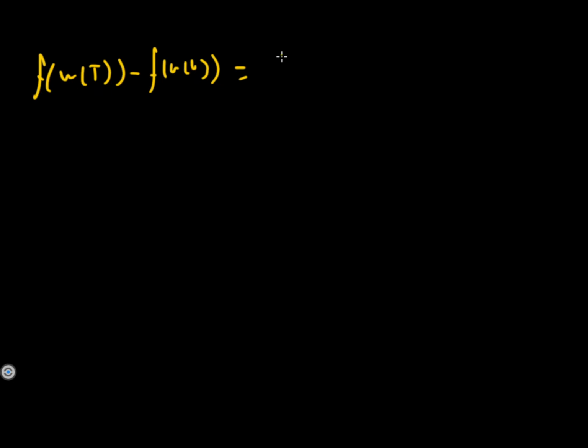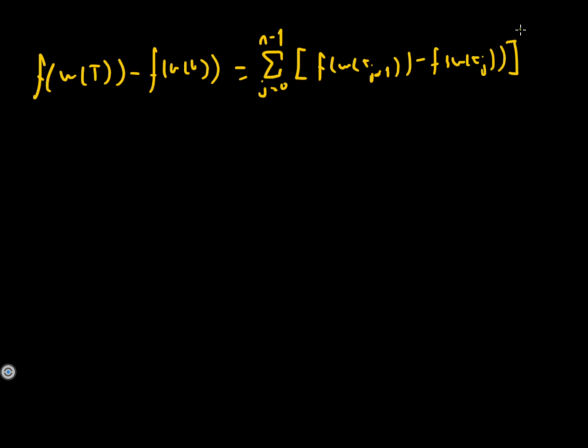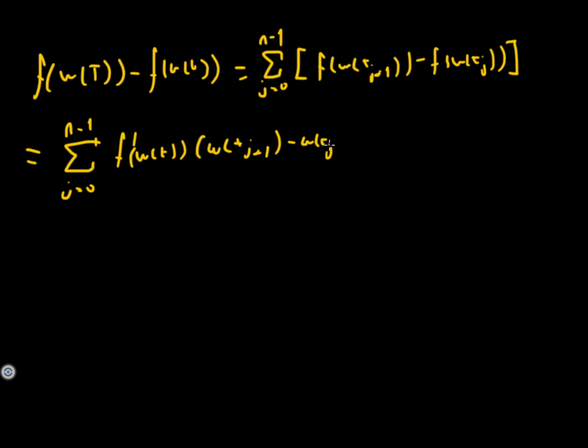Now let's showcase this as a summation from j equals 0 to n minus 1 of f of omega t_{j+1} minus f of omega t_j, right? Now you could perhaps see where I'm getting to from here.